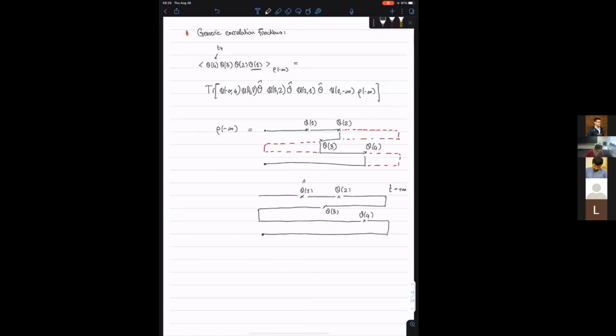And then backwards to where the initial state is defined. So this is an example of an out-of-time ordered correlator, where we have chosen T1 to be smaller than T3, to be smaller than T2, to be smaller than T4.